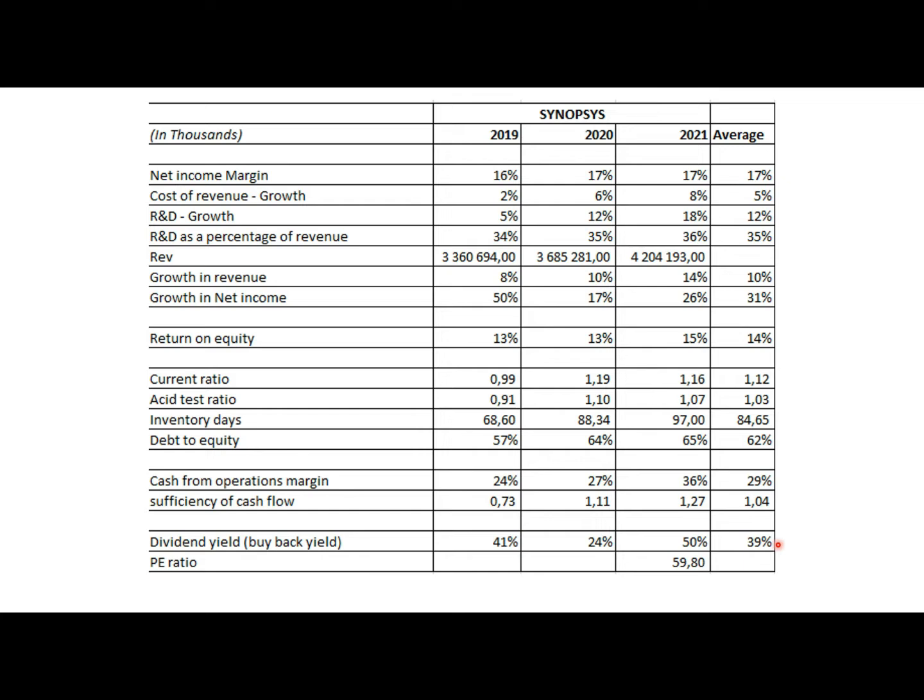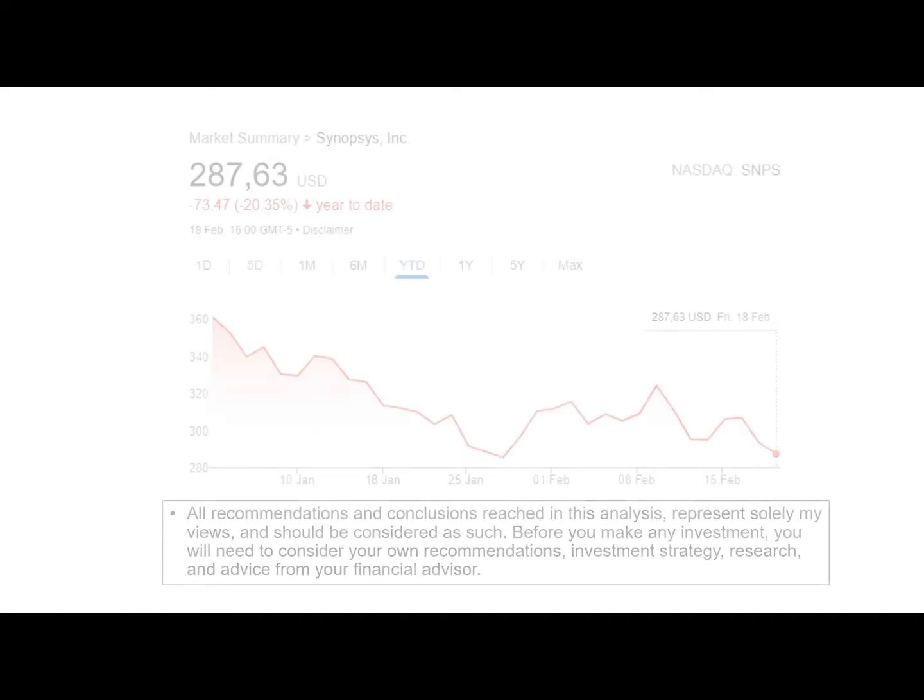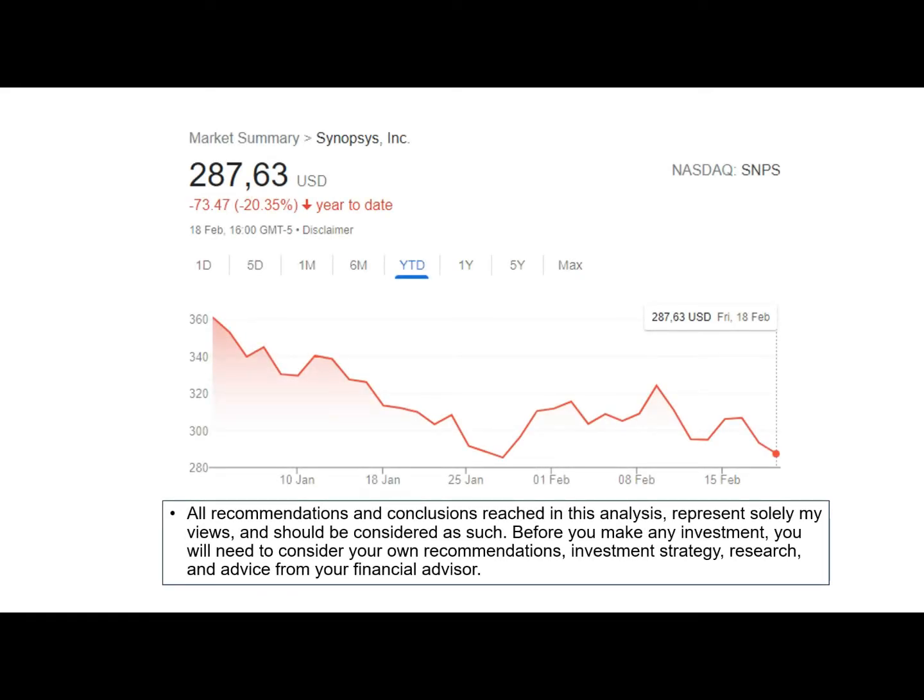However, the PE for me at almost 60 is high, considering the industry average is 40. However, Synopsys is a good company. You will see, over the past year, performance has been really bad, but there has been a massive correction on the Nasdaq as well as the New York Stock Exchange.